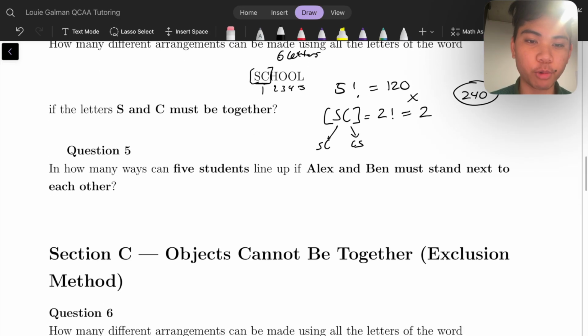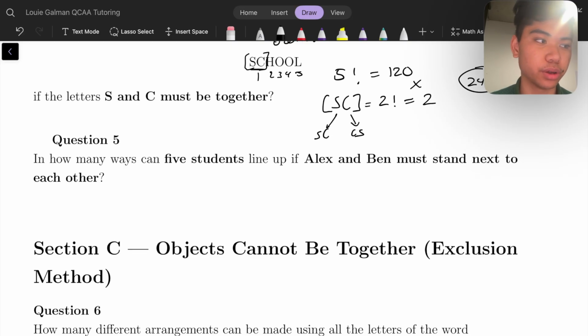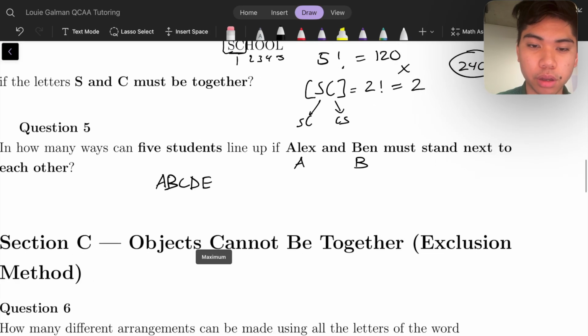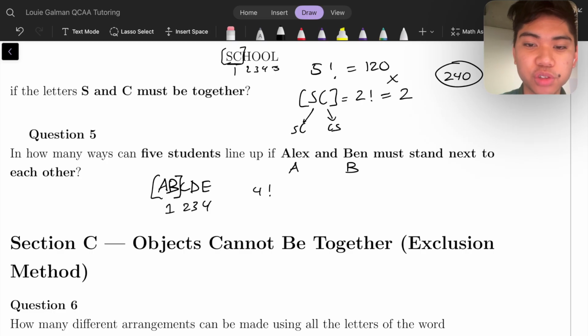Next one, in how many ways can 5 students line up if Alex and Ben must stand next to each other? Okay, so again, similarly, let's say we have Alex being A, Ben being B, and let's just say the other 3 students are C, D, and E. A, B, C, D, E. Okay, if we have A, B as a block, and then we are going to have 1, 2, 3, 4 different blocks, we have 4 factorial.